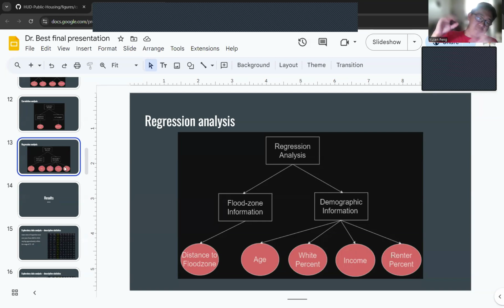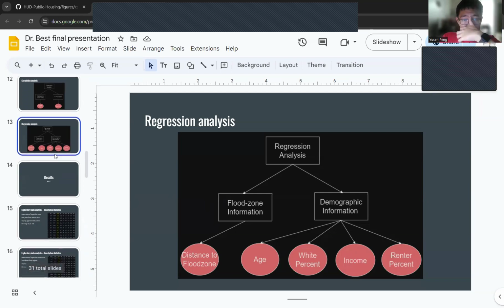So for regression analysis, as I said before, we have flood factors and the other factor, demographic information. For the flood zone information, this time I only fitted it with the distance to flood zone. I didn't fit linear regression with is in floodplain, because I don't think that's going to be super useful.